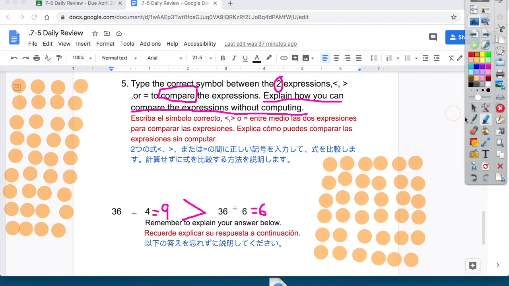Okay, so if you look at this, because you're using a smaller number to divide 36, you're going to end up with a greater amount of groups. You're going to have more groups.